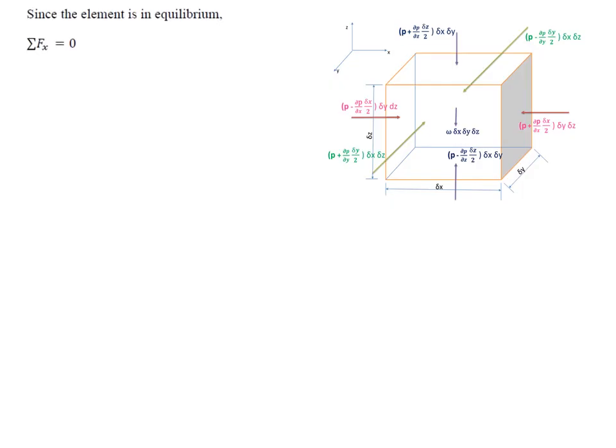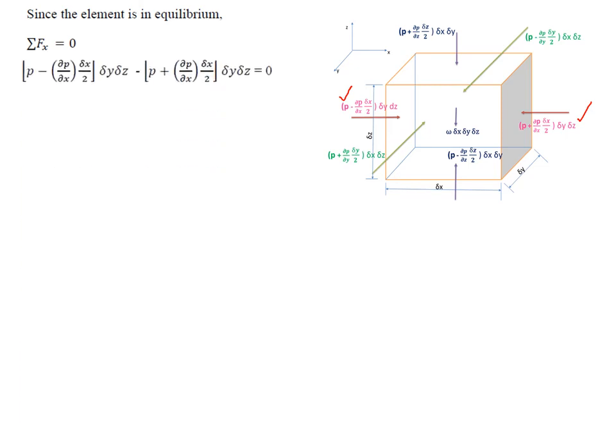Anything in the X direction is positive, so this will be positive and this will be negative. So it will be P minus ∂P/∂X times ΔX by 2, times ΔY ΔZ, minus P plus ∂P/∂X times ΔX by 2, times ΔY ΔZ. This is what you will get.